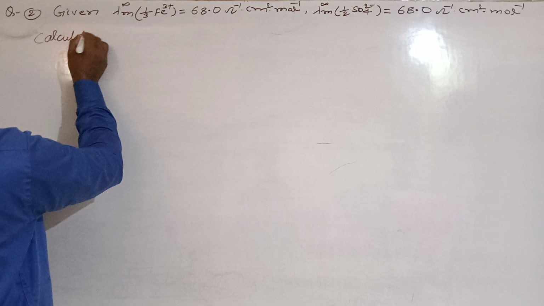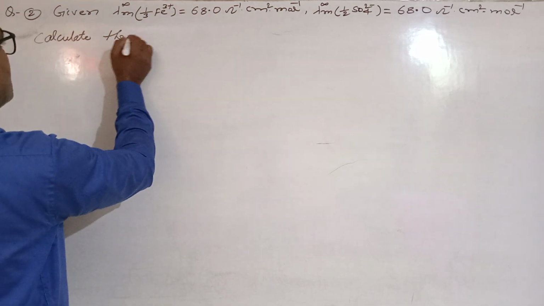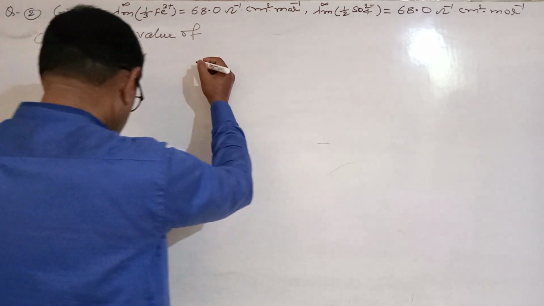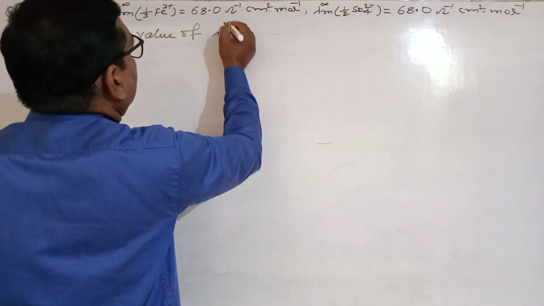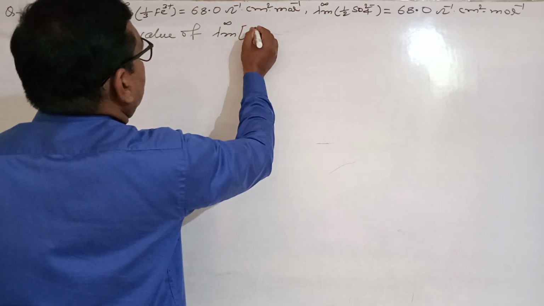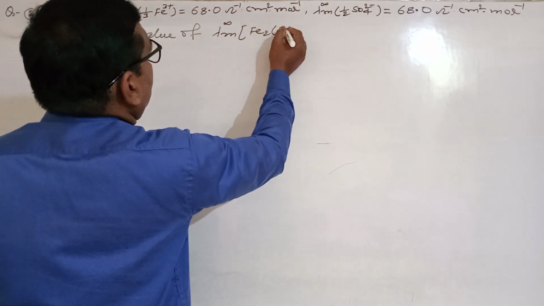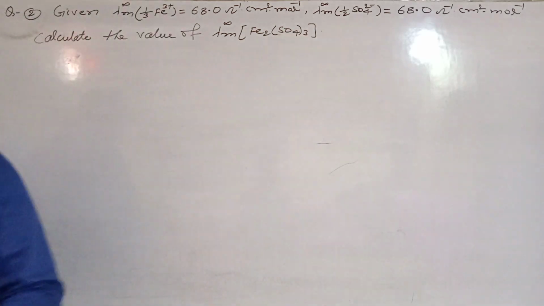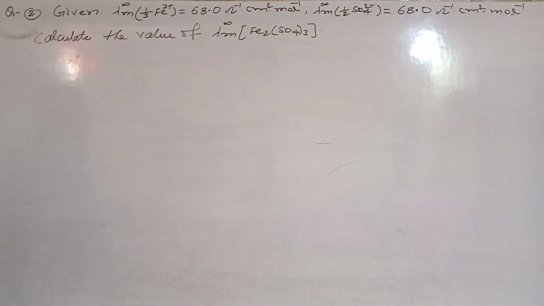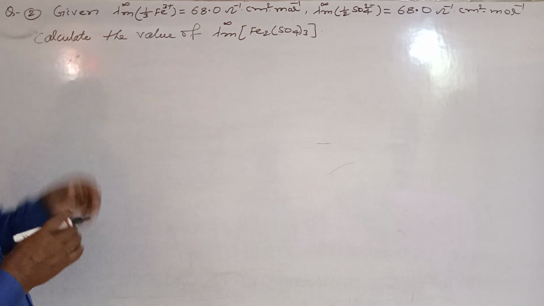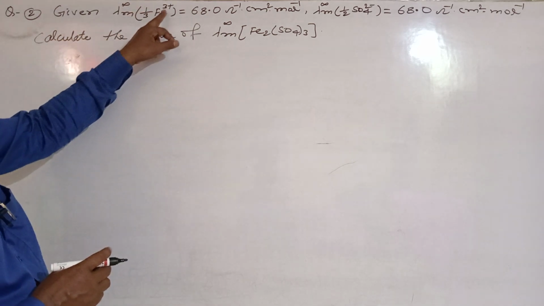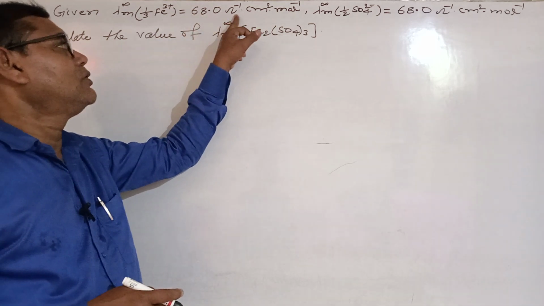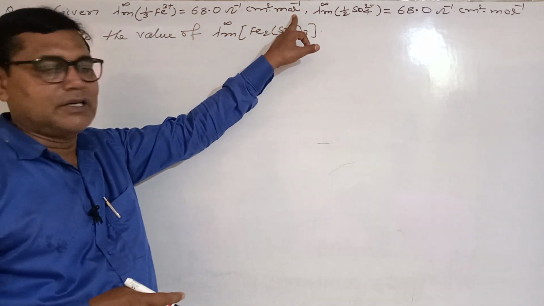Calculate the value of lambda infinity m of Fe2(SO4)3. Question asked: given lambda infinity m of 1/3 ferric ion is equal to 68.0 ohm inverse cm square mole inverse.